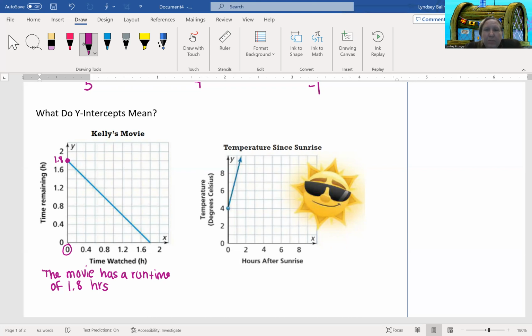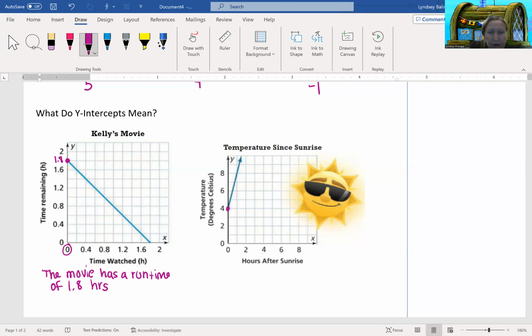The next one we have temperature since sunrise, and we have a lovely sun there. Our x-axis is hours after sunrise, and then the y-axis is the temperature in degrees Celsius, which is why it's not very high. So here is our y-intercept. It is 4. What does that mean?